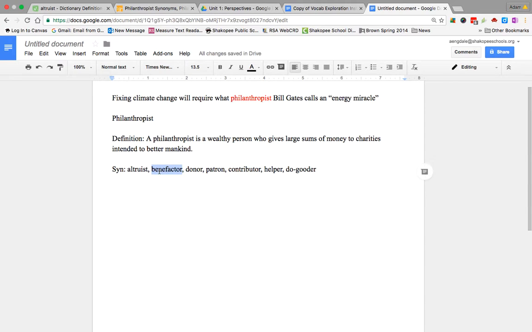I feel like a benefactor is a little bit bigger than a contributor. Patron, I'm not really sure because they contribute to a specific thing. I think philanthropists give a ton. But I think a donor is also a contributor. I think a helper is still a contributor, but a helper might not help in financial ways. So contributor seems to be, for me, at the root of all this.